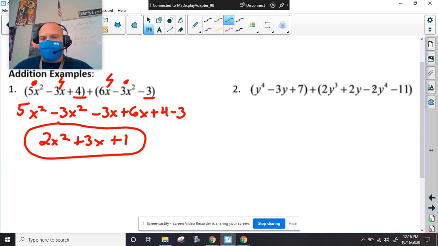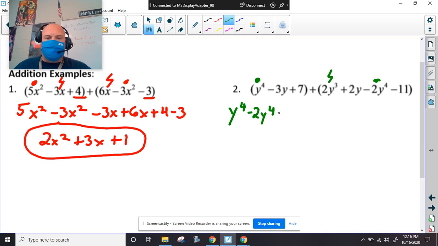On number 2, what's the highest exponent we see? Awesome, to the 4th. I'm so glad everybody said that out loud. If this is to the 4th, what's our next one?